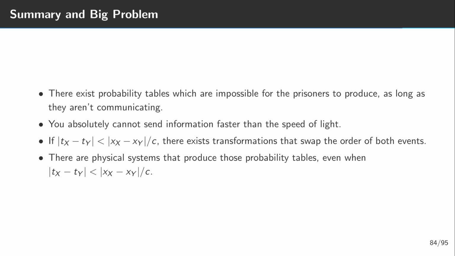And communication is impossible if you can swap the order of events. The problem now is that there are physical systems that produce these probability tables even when they are far enough apart, which is a problem.